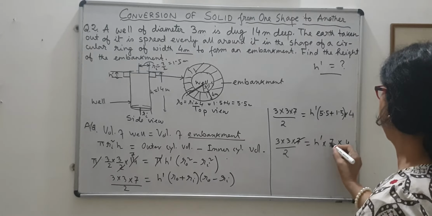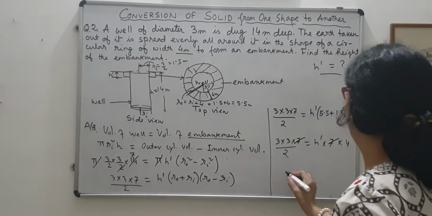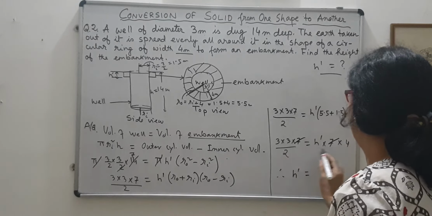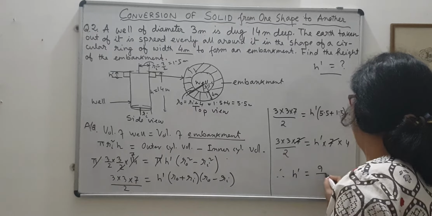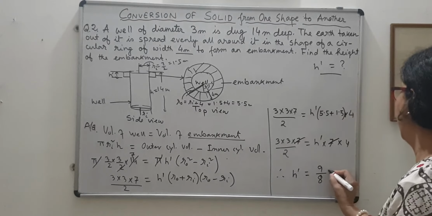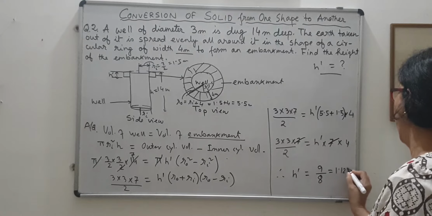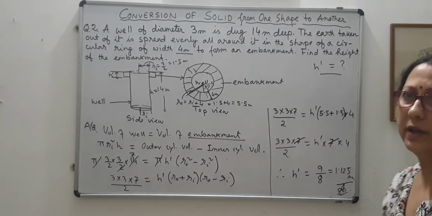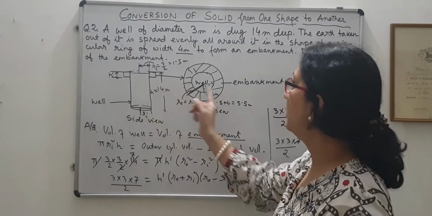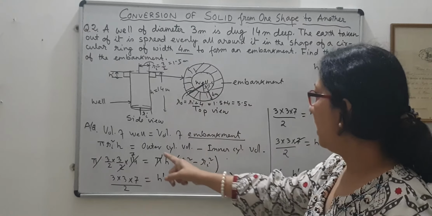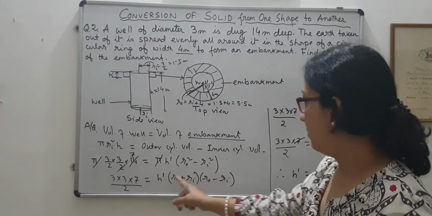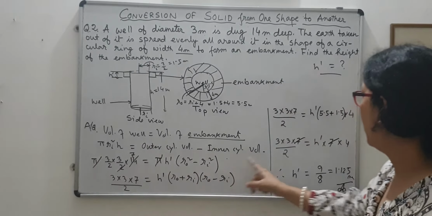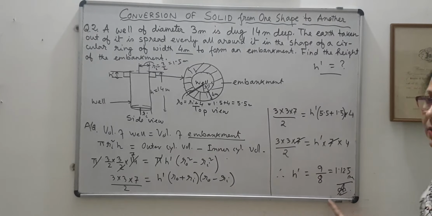So you see 7, 7 getting cancelled. So therefore the last step, 9 by 8, so it is 9 upon 8. So it will be 1.125 meter. So that is the answer. So in this way we have to visualize, you draw the diagram showing dimensions, and you have to see what terms we get. We keep the things in terms of factors so that my calculation becomes simple.